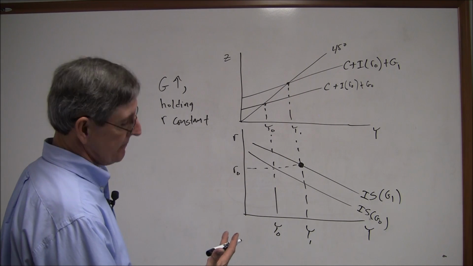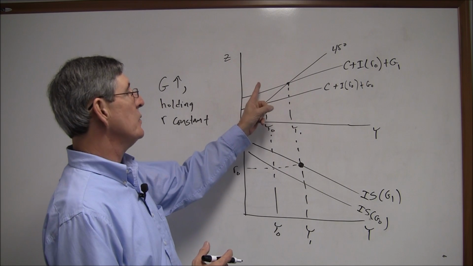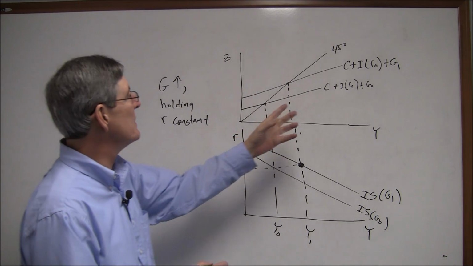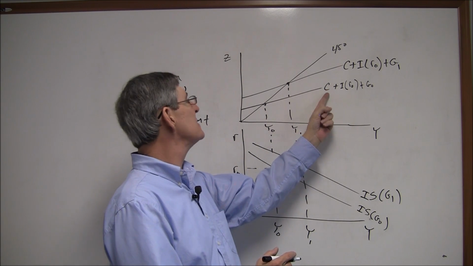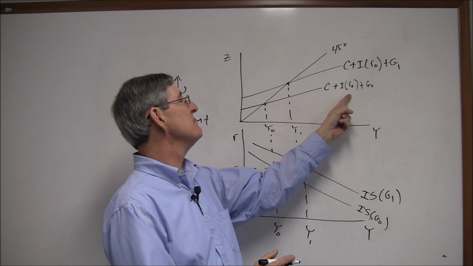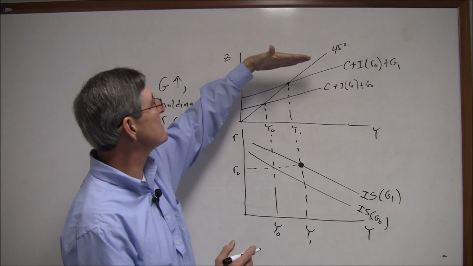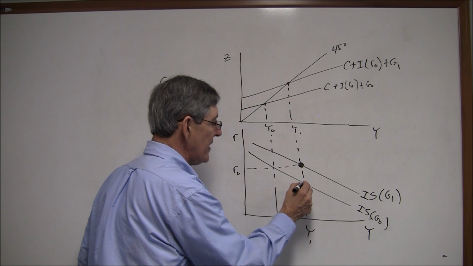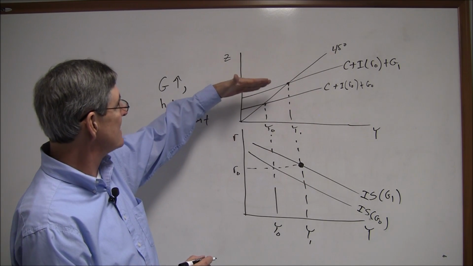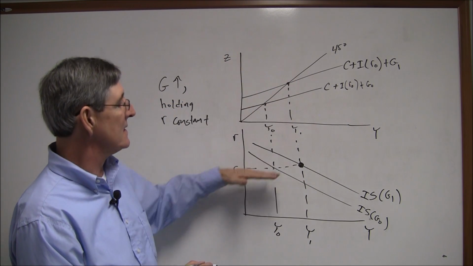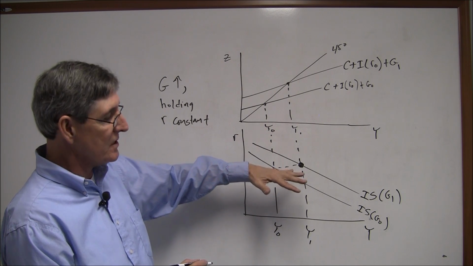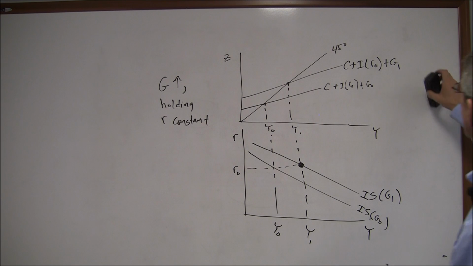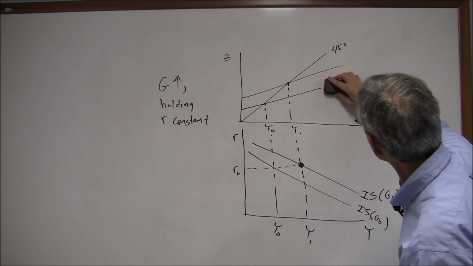Now notice that this shift would have been the same if I had cut taxes, if there had been an increase in consumer confidence, an increase in business confidence, anything that shifts this up, except a change in the interest rate, which would move us from there to there. Anything that shifts this up other than a change in the interest rate is going to cause the IS curve to shift out. So if we wanted to do taxes, all we'd have to do is just relabel these.